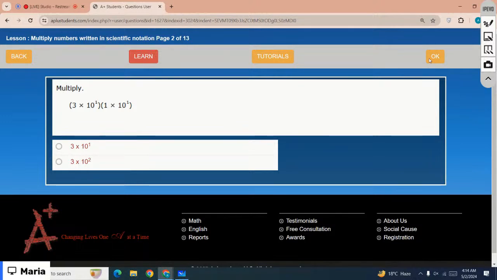Multiply 3 times 10 exponent 1 and 1 times 10 exponent 1. Which is the correct option?